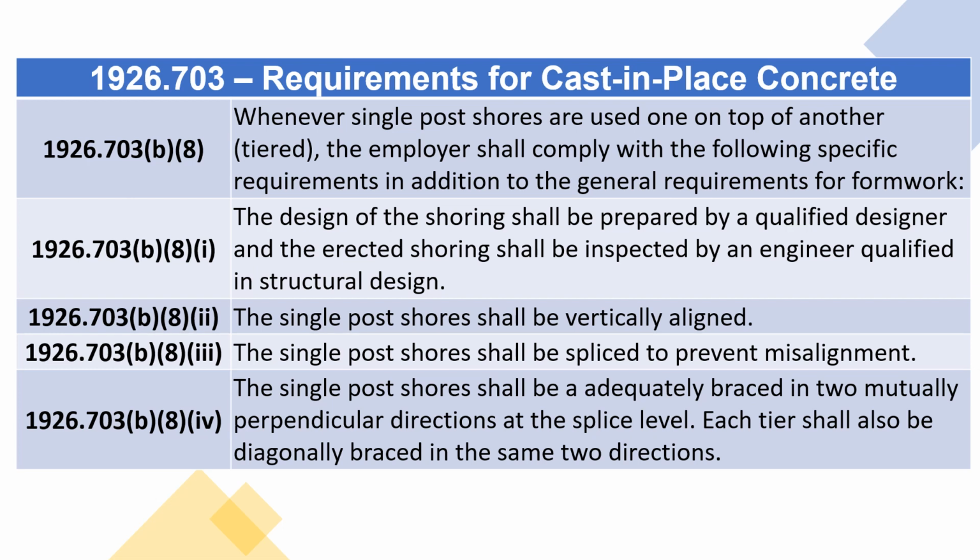The single post shores shall be vertically aligned. The single post shores shall be spliced to prevent misalignment. The single post shores shall be adequately braced in two mutually perpendicular directions at the splice level. Each tier shall also be diagonally braced in the same two directions.